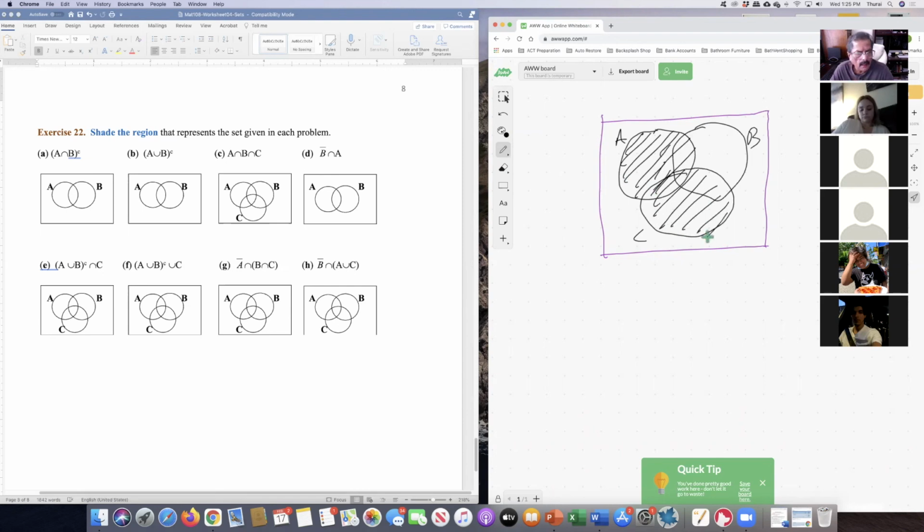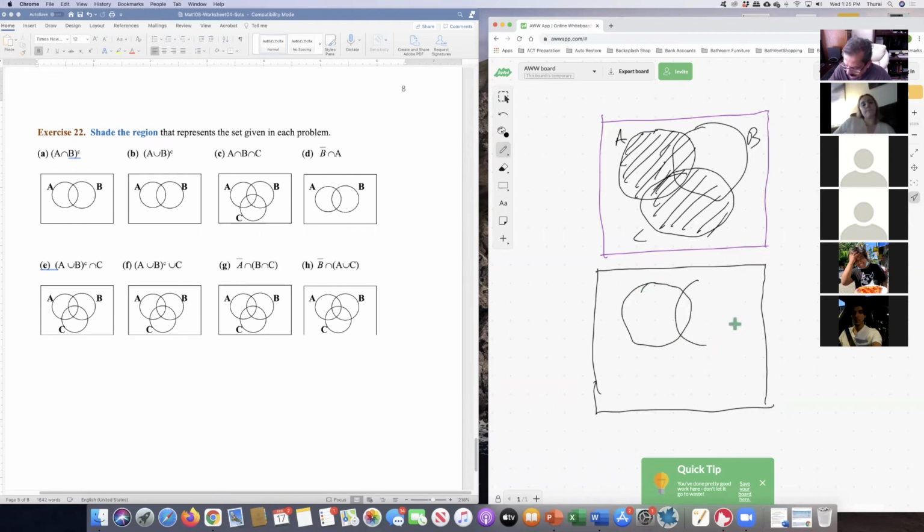Okay. I need to find the intersection of this with B bar. B bar means outside of B. So it's essentially the same as asking what part of the shaded region is outside of B, isn't it? What is common to outside of B and A union C? Isn't that the same as saying what part of the shaded region is outside of B?